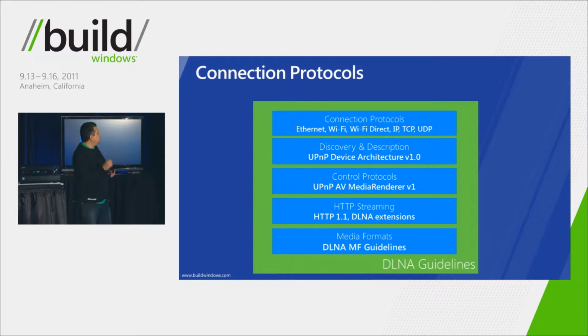So the discovery and description protocols say that the moment a device is connected to the network, the device has to advertise, has to send some multicast messages to the network saying there is a renderer device and it's available for use. So we use those discovery messages.